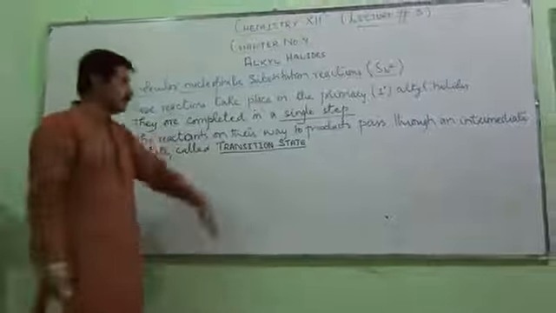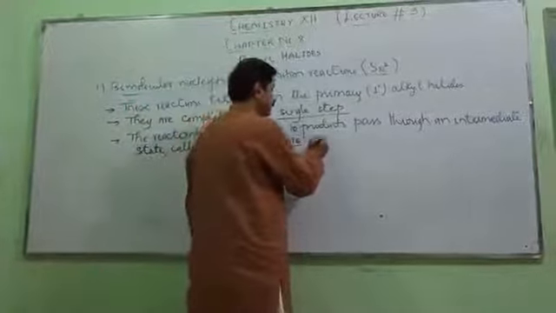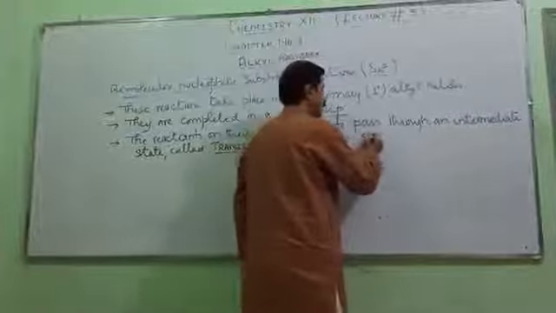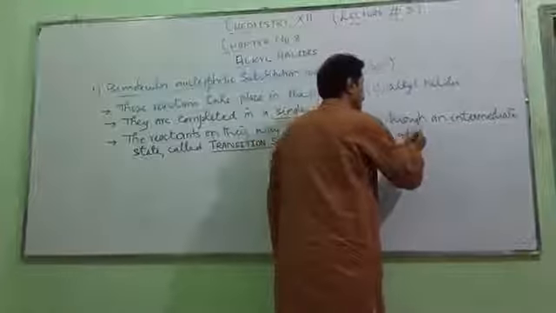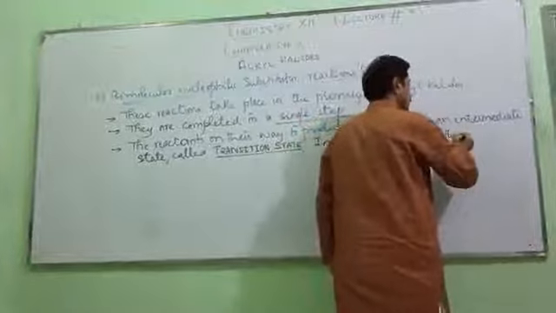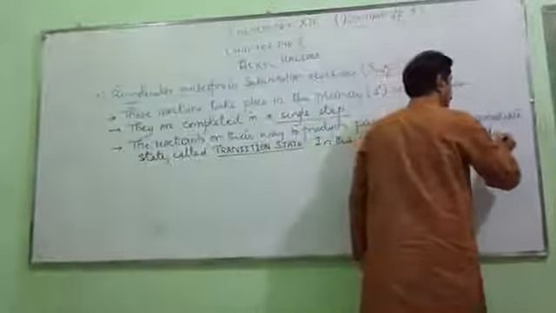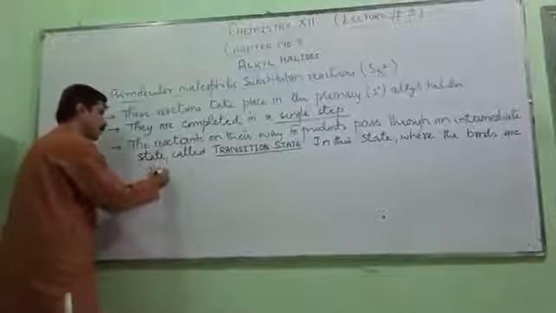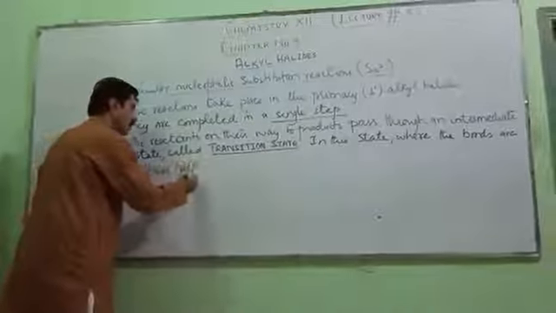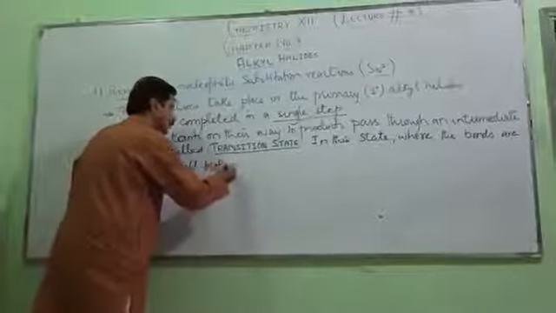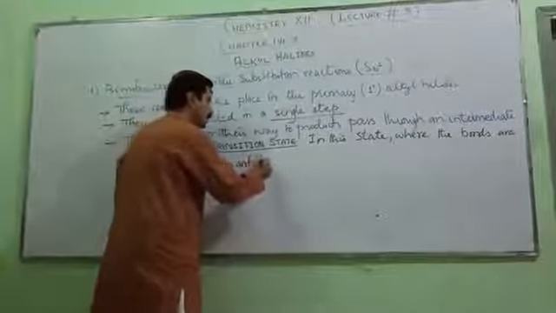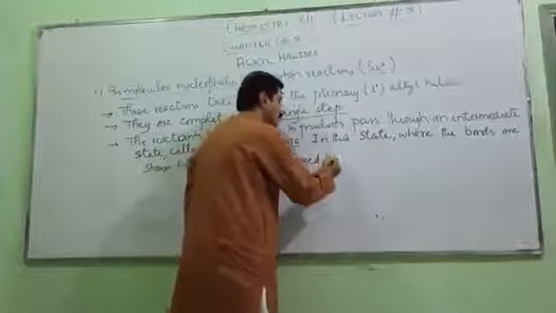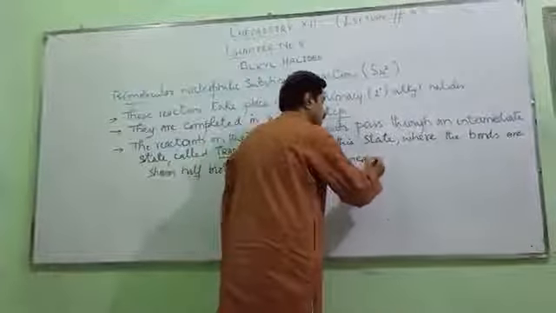Dear students, the transition state is the state where the bonds are shown half broken and half formed by means of the dotted lines.